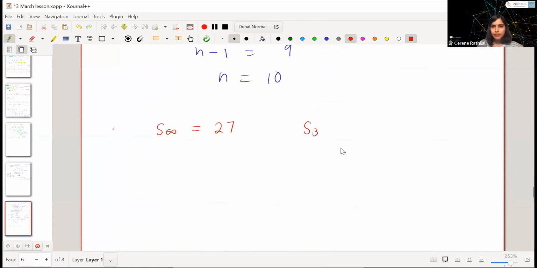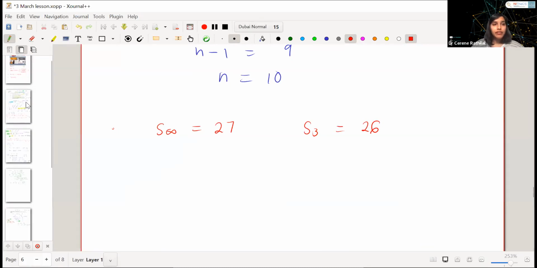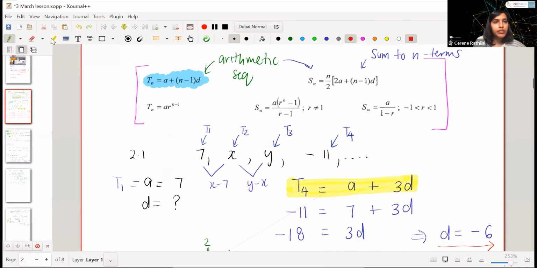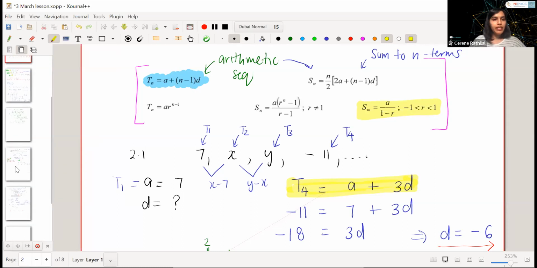Is 26. Right, so this is what I've got. Now, if we remind ourselves about the things that appear in the formula sheet, here we go. This was the stuff that appears in the formula sheet. Sum to infinity, in particular, when you're summing all of the terms, that formula is represented by A divided by 1 minus R, and R is between -1 and +1. So that's what we're going to be using. Right, let's follow this.